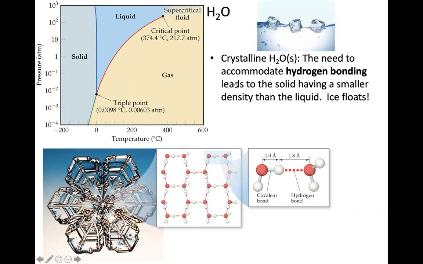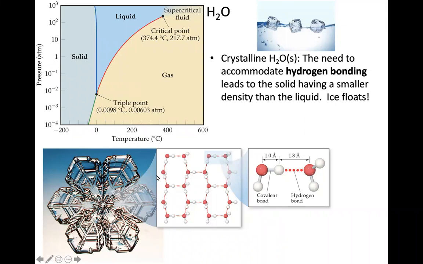A couple of things when we look at the phase diagram and think about H2O. First of all, something quite novel and important: if we look at the solid here for H2O, when the molecules are arranged in the solid, it has to accommodate the hydrogen bonding. That's what all these dashed lines are indicating.